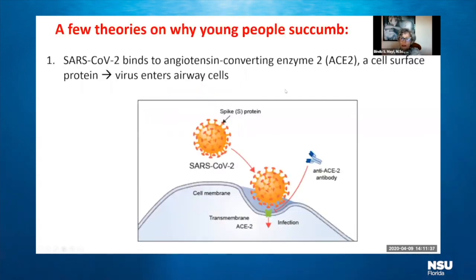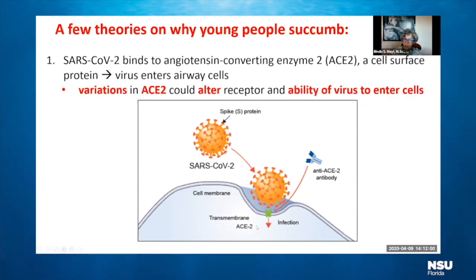So as to why young people are succumbing, there are a few theories about this, one of which is that SARS-CoV-2 binds to this receptor called ACE2, which is on the surface of the cell that it's going to infect, right? And that interaction is essential for the virus to now enter the cell and start replicating and create more copies of itself.